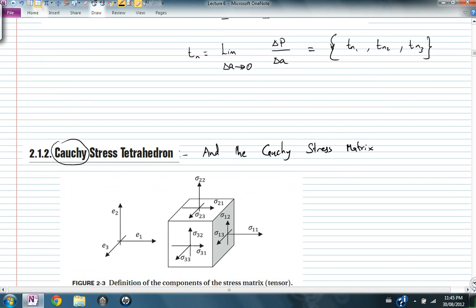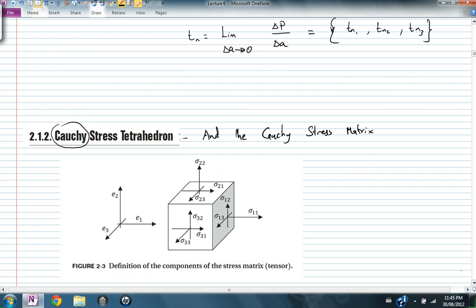So if I have a continuum, I can extract a small cube from that continuum, take it out, and look at the forces on its faces.